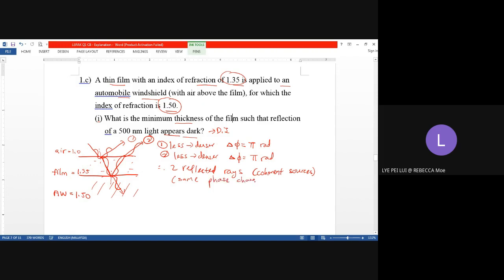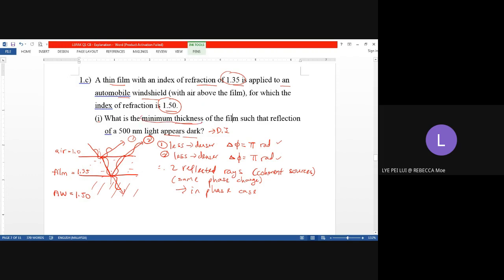If both have the same phase change, it means they are in phase. In the in-phase case, the first fringe should be a bright fringe.